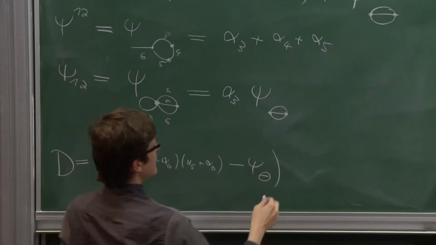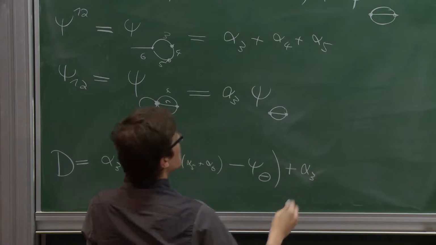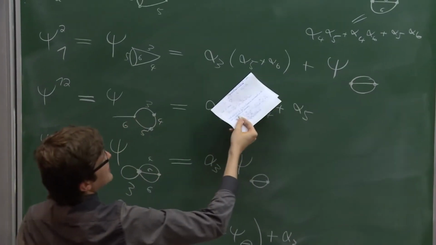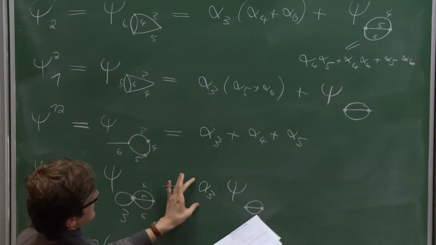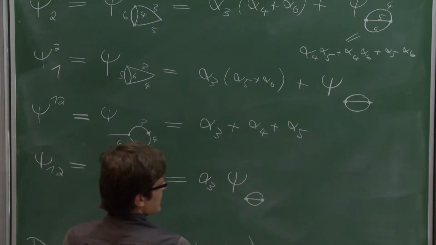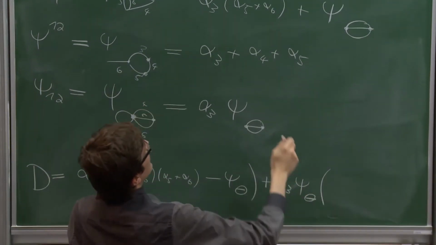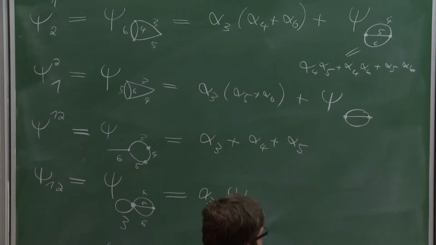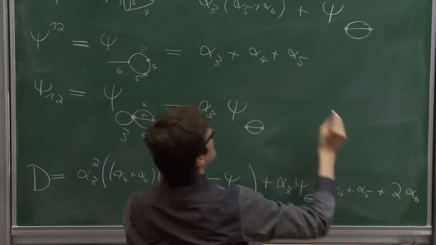Then we have terms linear in alpha 3. But here, the terms linear in alpha 3 come from multiplying a psi with such a term. And also here, from the subtraction term, the term linear in alpha 3 is this times this. So actually, all these terms are divisible by the sunrise graph polynomial. And we get alpha 4 plus alpha 5 plus 2 alpha 6 from these.